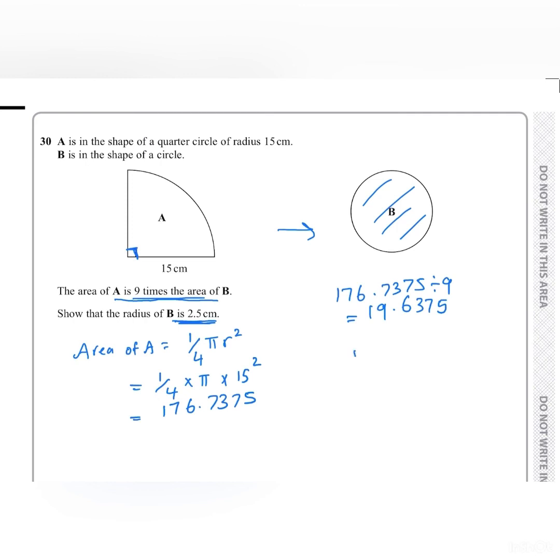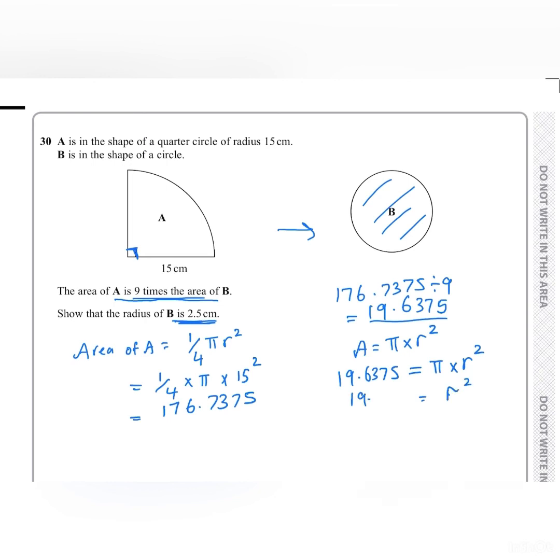Now, if you look at the area formula again, area is pi times radius squared. Well, we've been given the area in this case, which is 19.6375. That equals pi times r squared. Okay, so how do we find r squared? We are going to divide both sides by pi first.